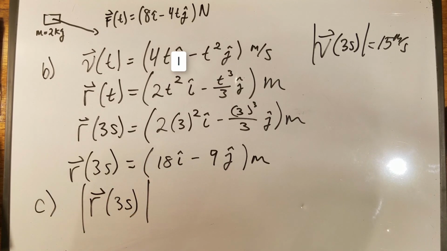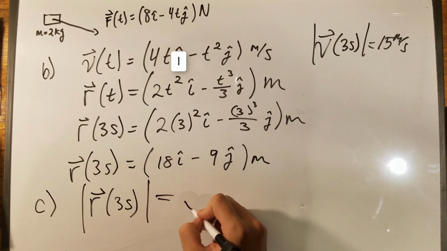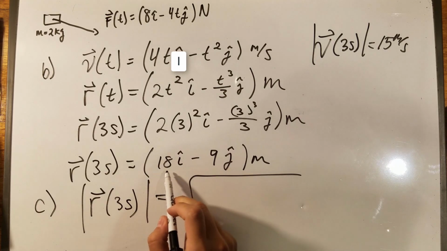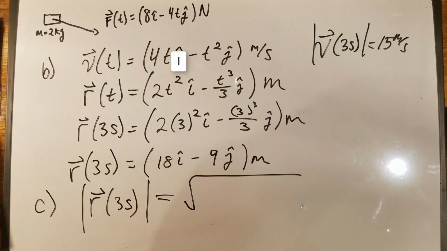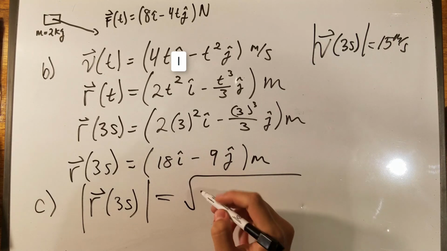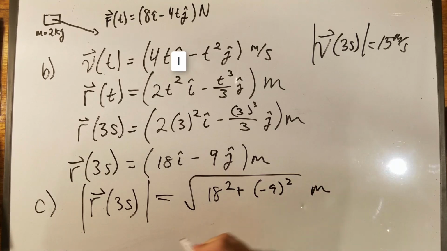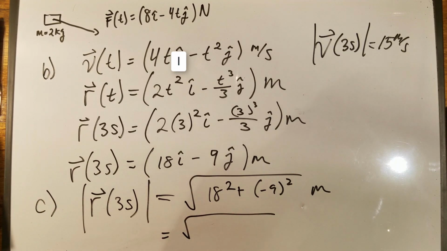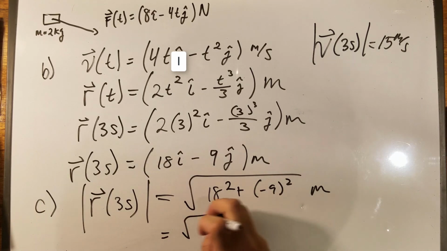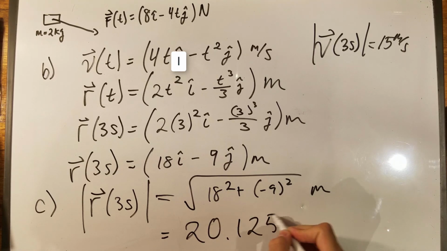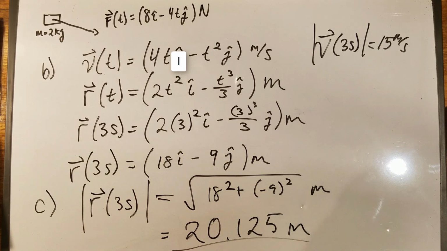Total displacement is just the magnitude of the position vector, so it's going to be the square root of the x and y components squared, 18 squared plus 9 squared meters. Let's go straight to the answer, you guys can do the algebra, which is 20.125 meters. And that's your answer for part C.